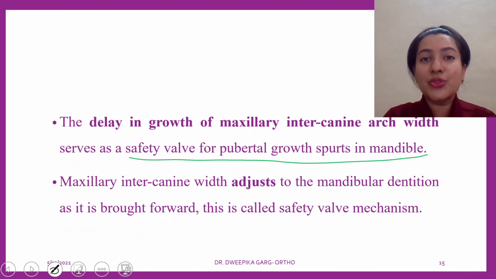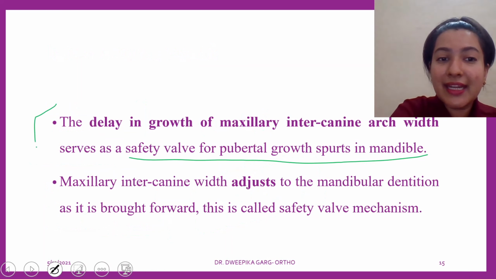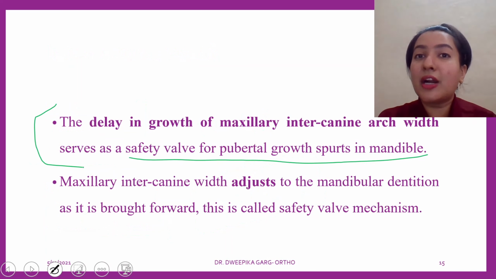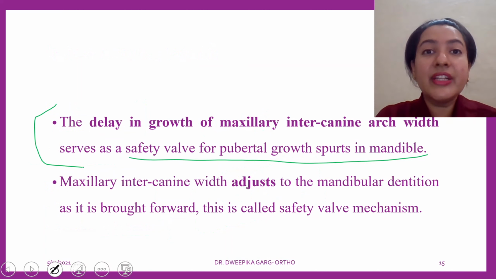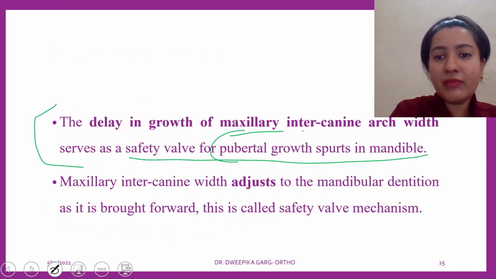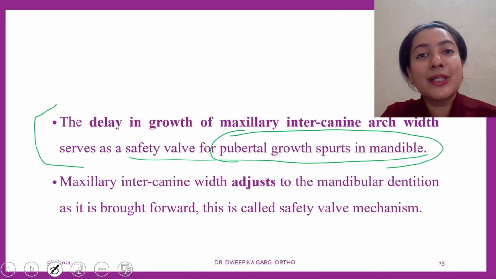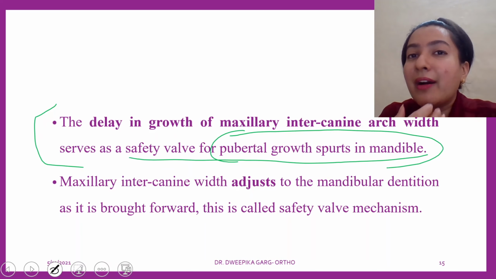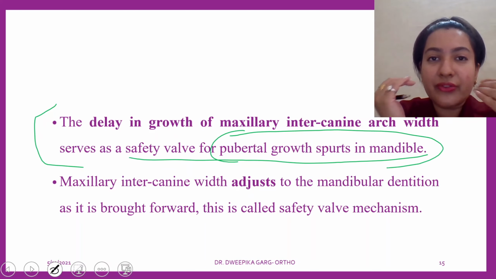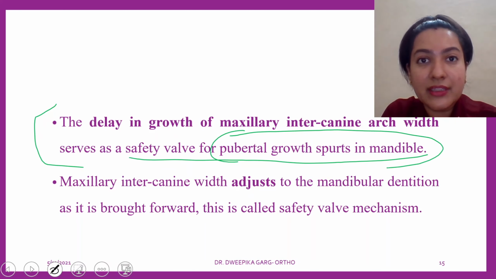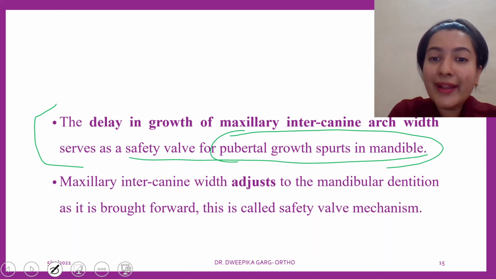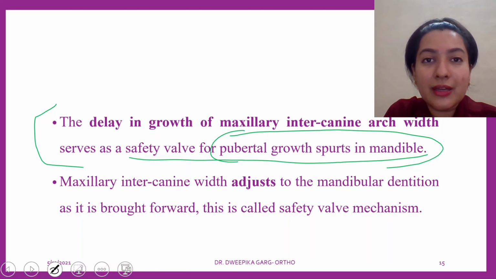Now you should understand that this delay in the growth of maxillary intercanine arch width serves as a safety valve for the pubertal growth spurt in the mandible. Once my mandibular intercanine width is established by 10 to 12 years, puberty will hit and the mandible will grow ahead. If the maxillary intercanine width were established earlier, then when the pubertal growth spurt occurs in the mandible, there is bound to be a malocclusion.